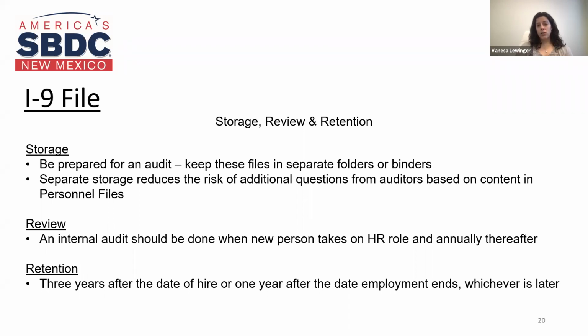So what I like to do is I have a spreadsheet that lists all the employees, their dates of hire, and then I just set it up for the columns to populate what those 1 year versus 3 years is. And then I have another column actually with a termination date. So anytime I terminate an employee, I go in there and update that, and then it populates those retention dates for me.